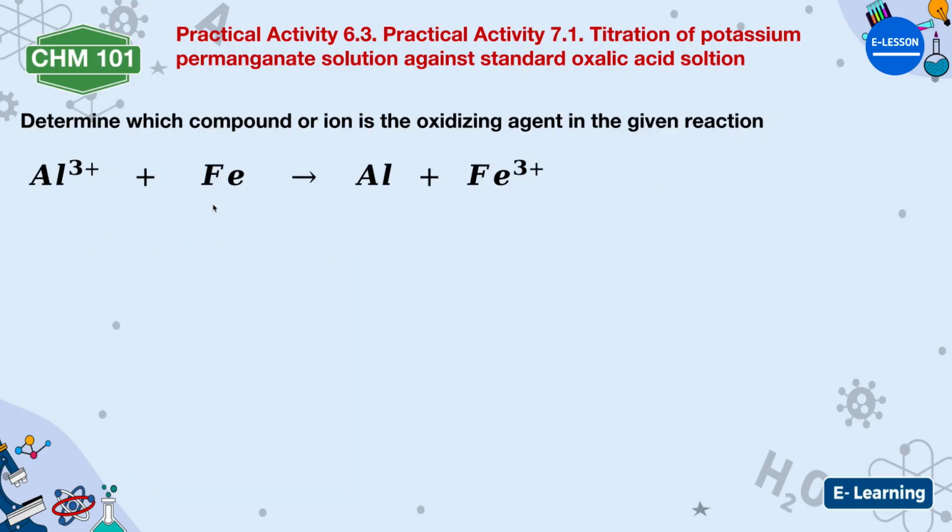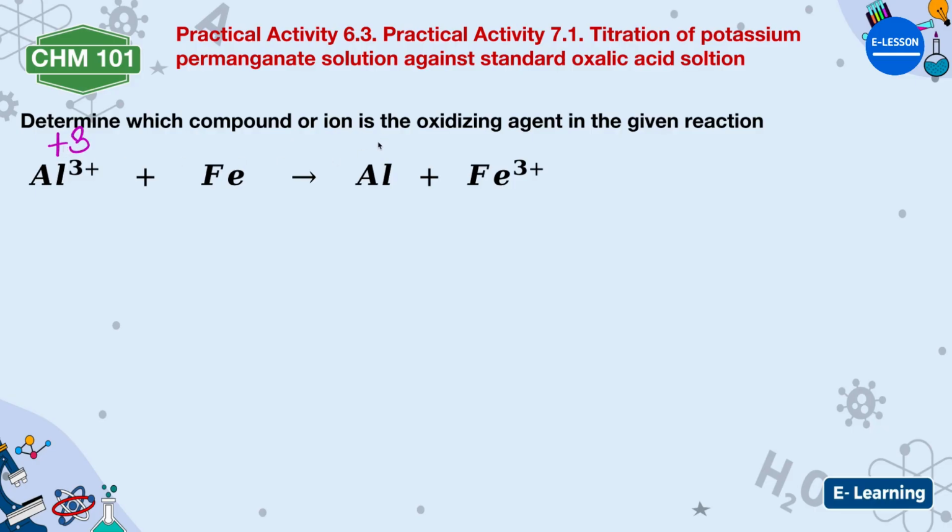All right. Now, I say determine which compound or ion is the oxidizing agent in the given reaction. Now, the oxidizing agent is the one that is being reduced. That means anyone whose oxidation number is being reduced is the oxidizing agent. If you look at aluminium here, the oxidation number of aluminium here is 3.